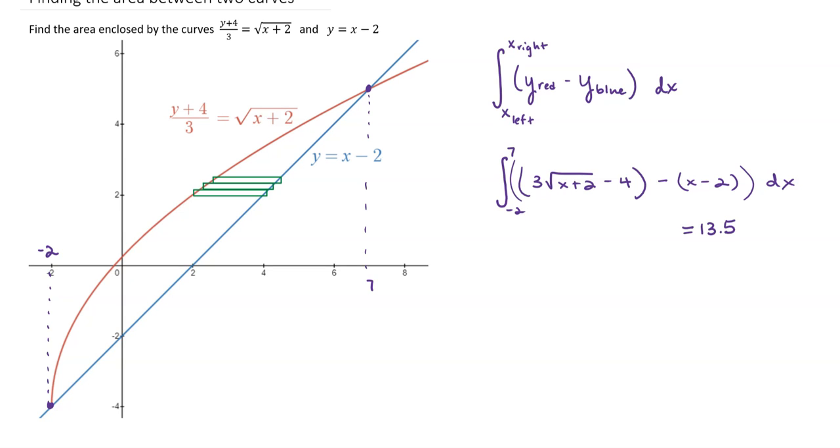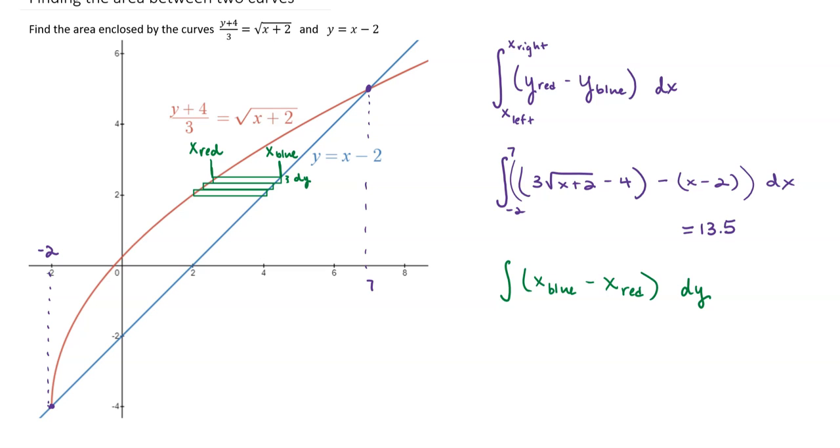What would the integral look like in this case? Each of our little rectangles would now have a height of dy. And the width would be this bigger x-coordinate, the x-coordinate of the blue, minus this smaller x-coordinate, the x-coordinate of the red.